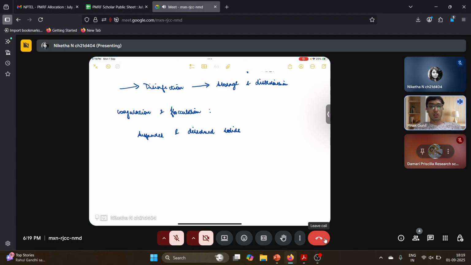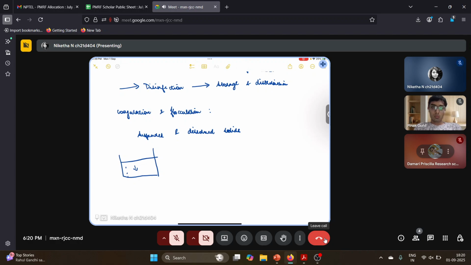Because suspended solids can be easily separated during sedimentation. Okay, so sedimentation is only for particles that can settle down. If the particles are heavy enough, they'll come down because of gravity.